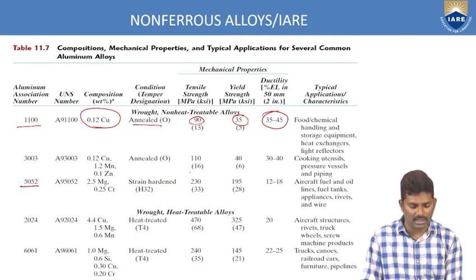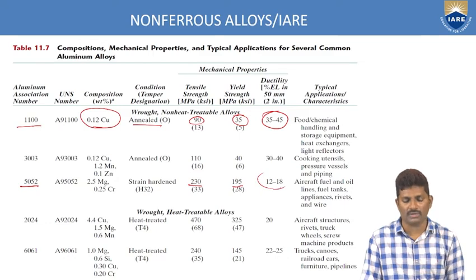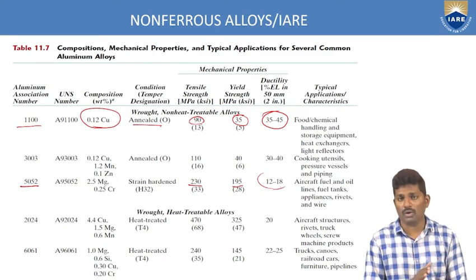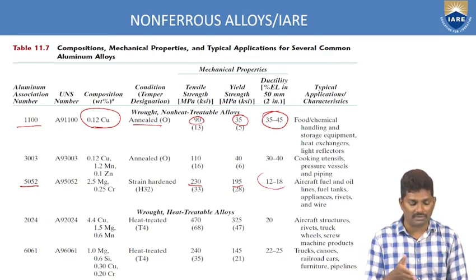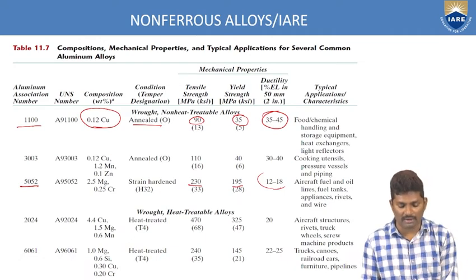And if you see the tensile strength, you are getting about 230 megapascals, yield strength as 195, and ductility ranges from 12 to 18. Now, what are the applications of this? You can go with aircraft fuel and oil lines, fuel tanks, appliances, rivets and wires.